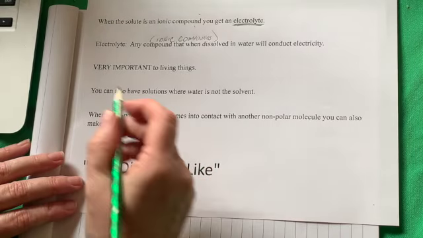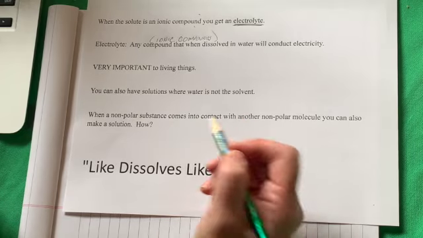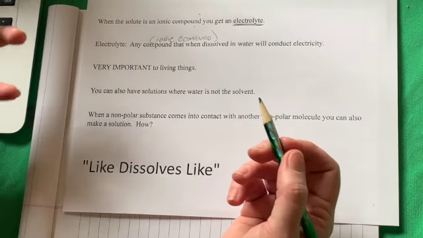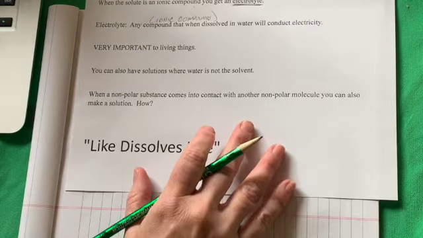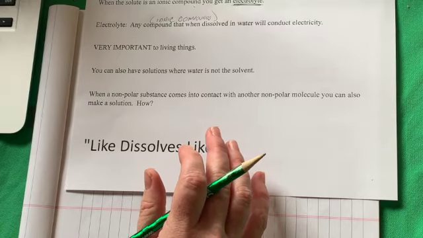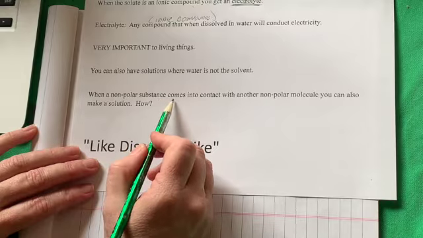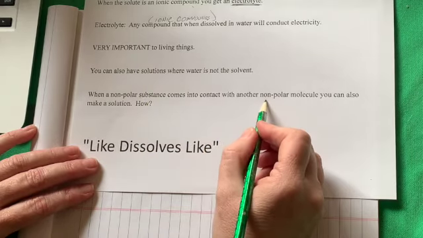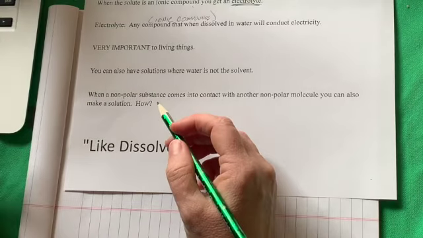We can also certainly have solutions where water is not the solvent. If it is another polar molecule like water, the process is going to be very similar. But you can also have a situation where you have a non-polar solvent. When a non-polar substance comes in contact with another non-polar molecule, you can also make a solution. How does this happen?